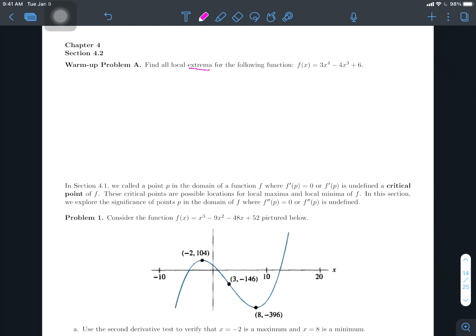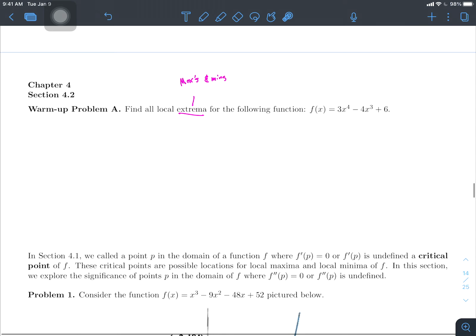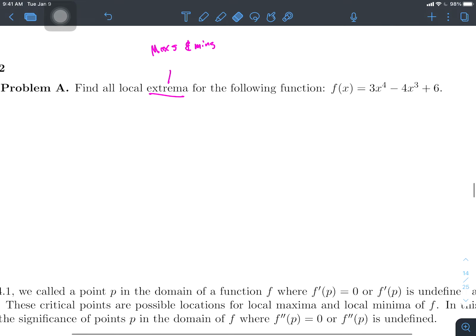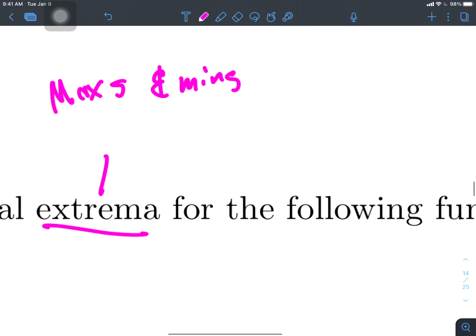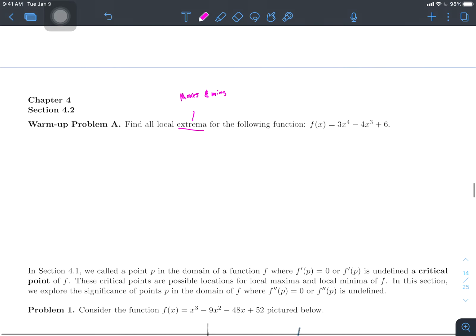Extrema is, by the way, a word which means maxes and mins. Maxes and mins. All right. So that's what finding extrema means.